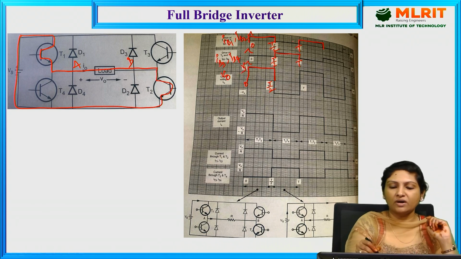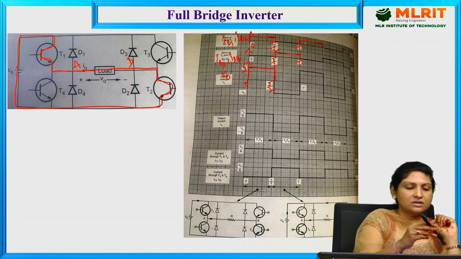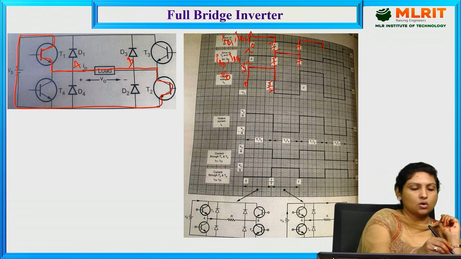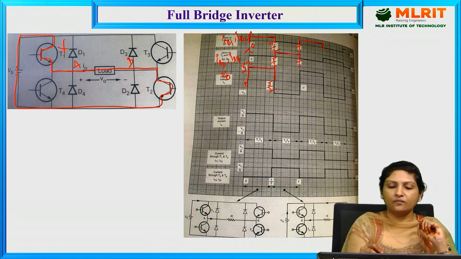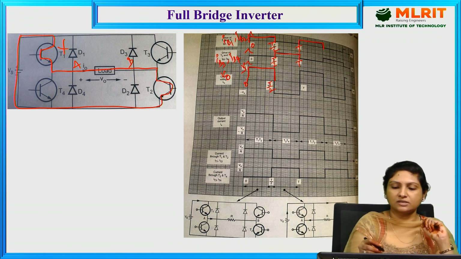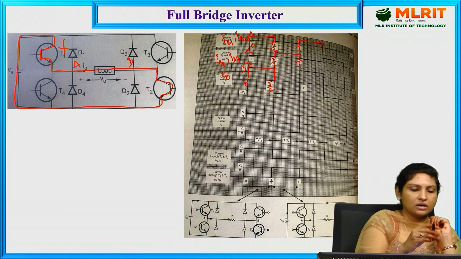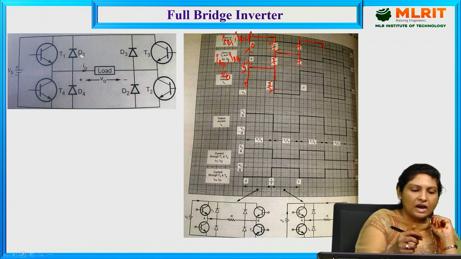The moment we withdraw the base drive, transistor 1 is turned off, and we provide the triggering pulse or base drive for transistor 3 and 4, such that now transistor 3 and 4 are conducting.